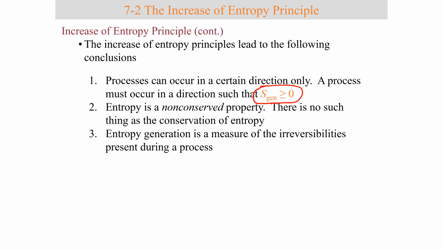And entropy is not conserved. It's a non-conserved property, meaning there's no such thing as the conservation of entropy. Since entropy can be created, there's no such thing as a conservation of entropy because it's not conserved. Conserved and created, those two things don't go together. And entropy generation is a measure of the irreversibilities present during a process.